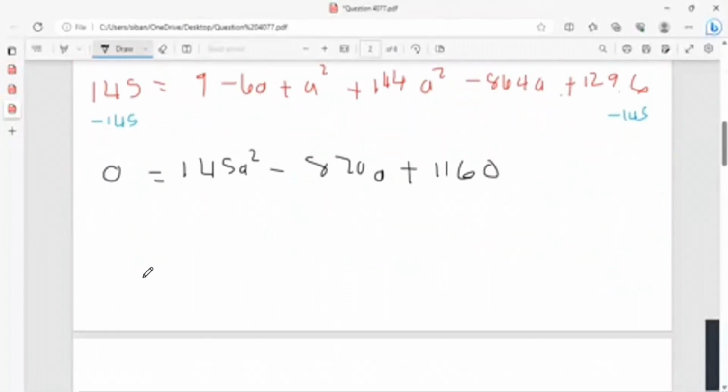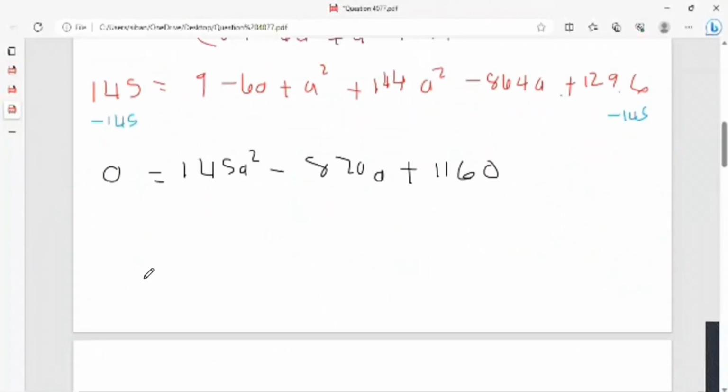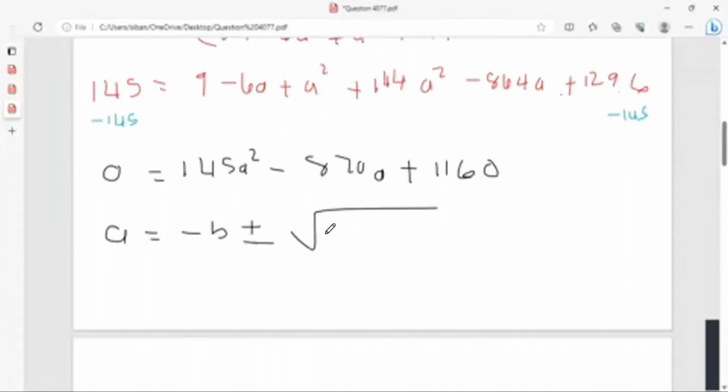To solve this, I'm going to use my formula to solve a quadratic equation. So a will be equal to minus b plus or minus the square root of b squared minus 4ac, over 2a.